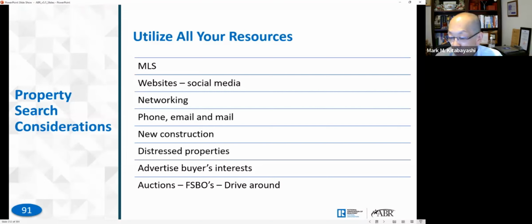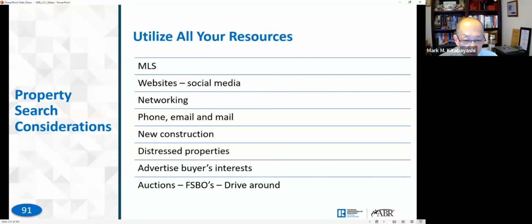You could advertise your buyer's interest. You could say, hey, my buyer is looking for a house around here in this price. If anybody has it, please let us know. You could do outreach as a buyer's broker as well. And sometimes there are auctions or for sale by owner, or sometimes you drive around and find the house.